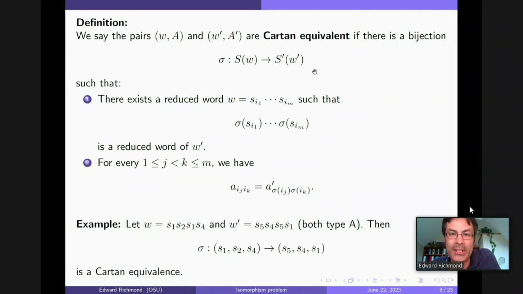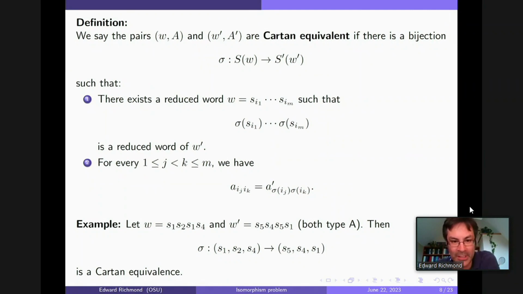Yeah. This just shows you the strength. So one thing is, if you have two things that are Cartan equivalent, the number of reduced words on one side is going to be the same as the number of reduced words on the other side. Yeah, because when I look at these two, it's easy to reason that the number of reduced words is the same on both sides.